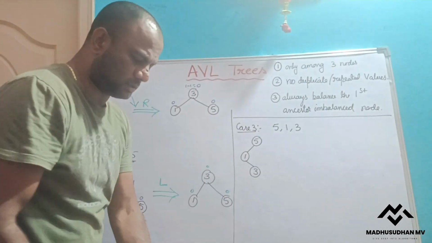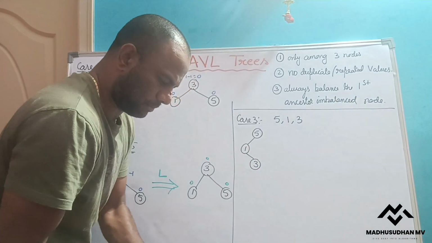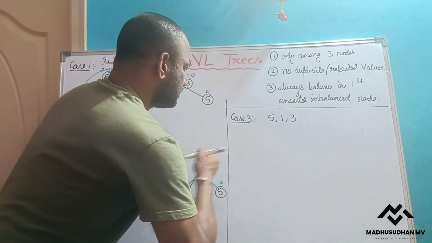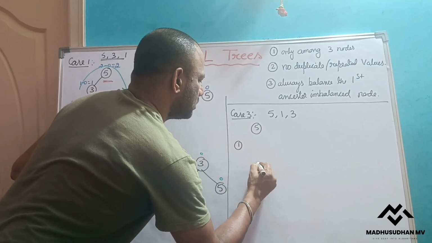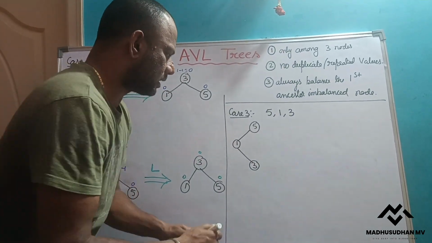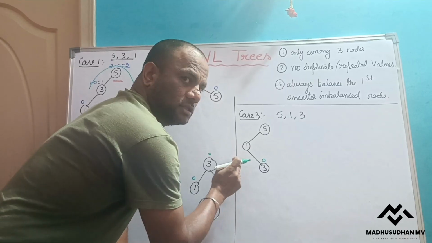Now again, first check the balance factor of every node. So for this, I will write it properly once again. I will rewrite 5, 1, 3. Now balance factor of this node, 0 minus 0 is 0. Here there are no edges, 0.